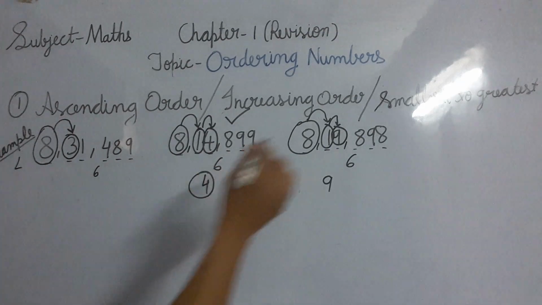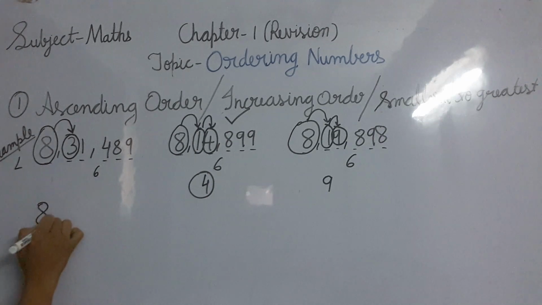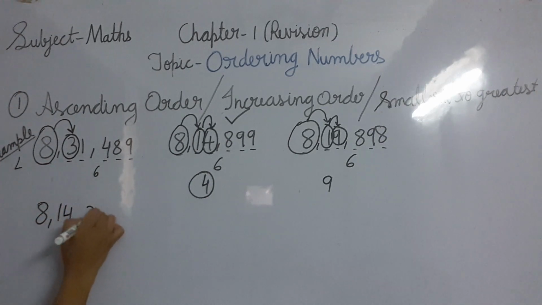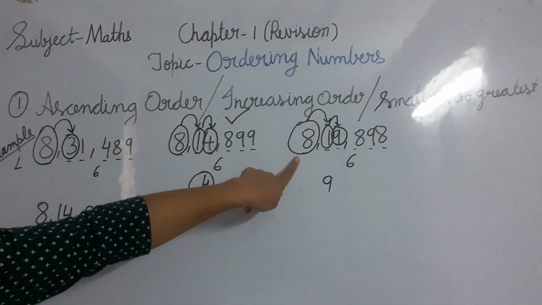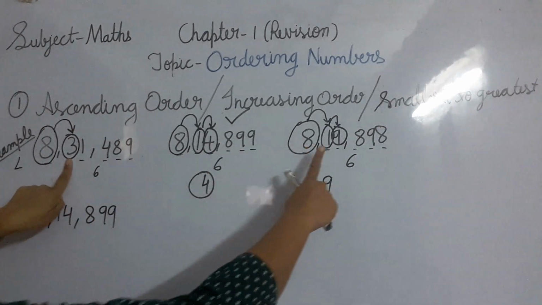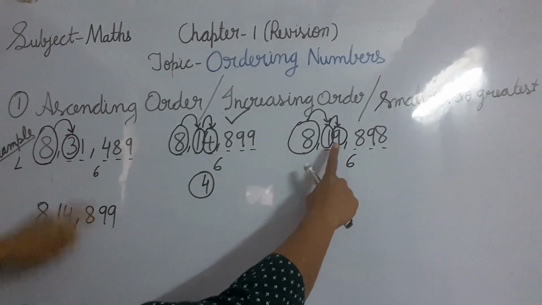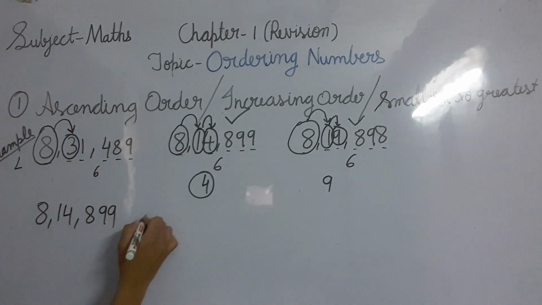814,899. So first we find the smallest number, tick it and write it here. Now we are left with these two. If we compare them, the second digit here is 3 and here we have 1, so this is the smaller one. Tick it and write the next number.